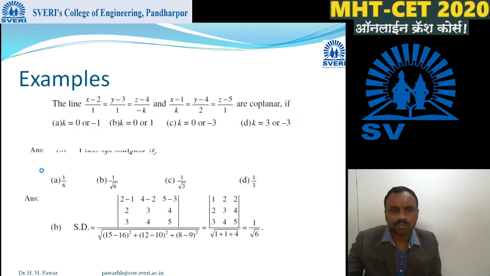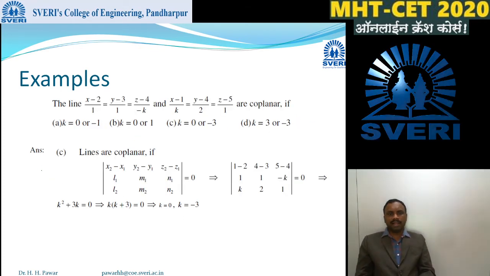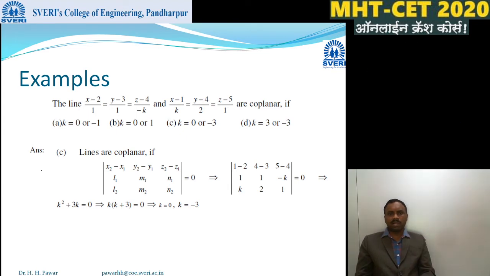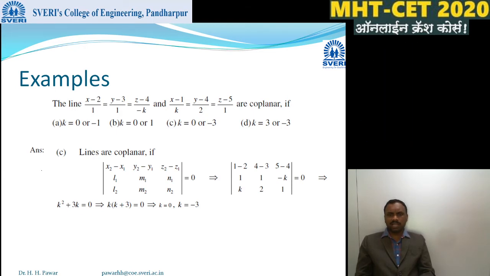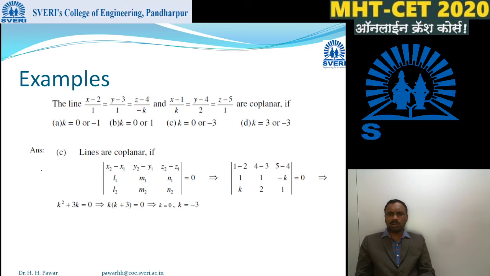Next one is the line (x minus 2) upon 1, (y minus 3) upon 1, (z minus 4) upon minus k, and (x minus 1) upon k equal to (y minus 4) upon 2 is equal to (z minus 5) upon 1, are coplanar if: first option is k equal to 0 or minus 1, second one is k equal to 0 or 1, third one is k equal to 0 or minus 3, and fourth one k equal to 3 or minus 3.